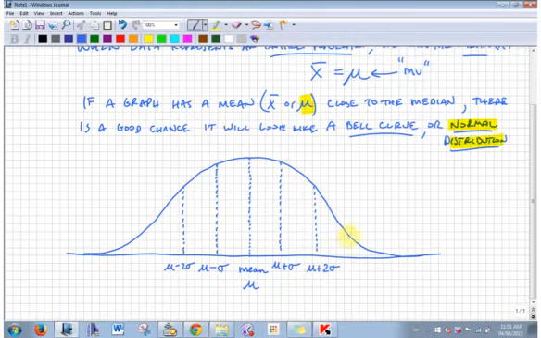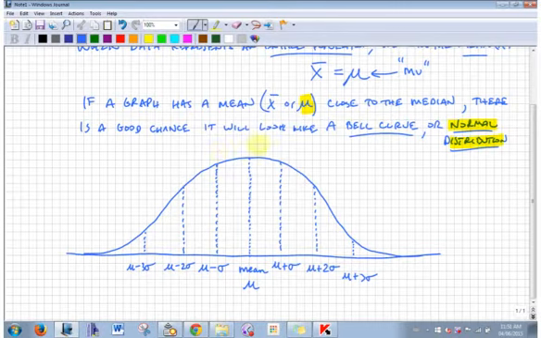One more. So guess what this one is? Yeah. And that's going to be the last one. Mu minus 3 standard deviations. Okay.